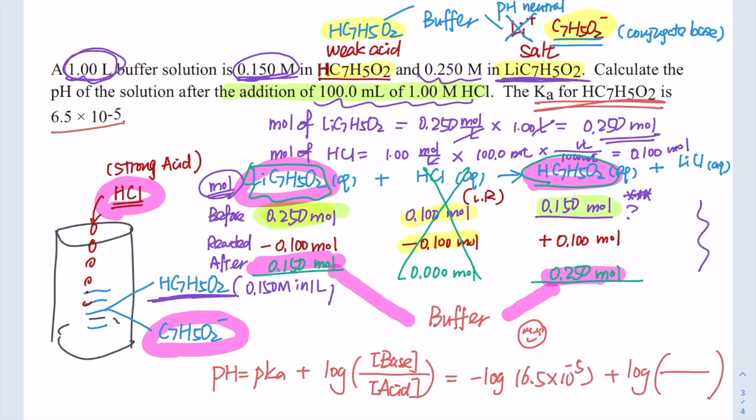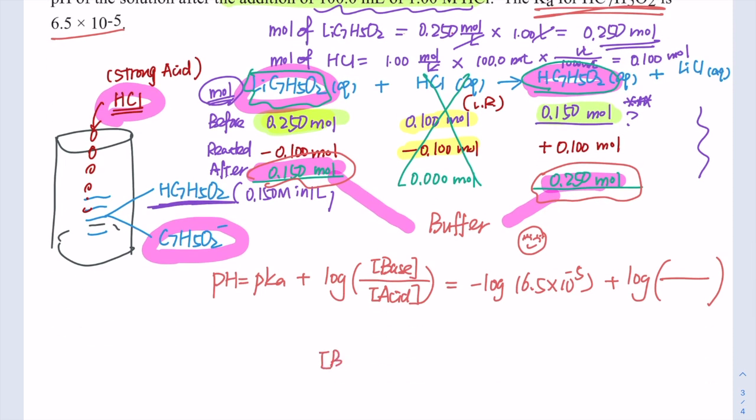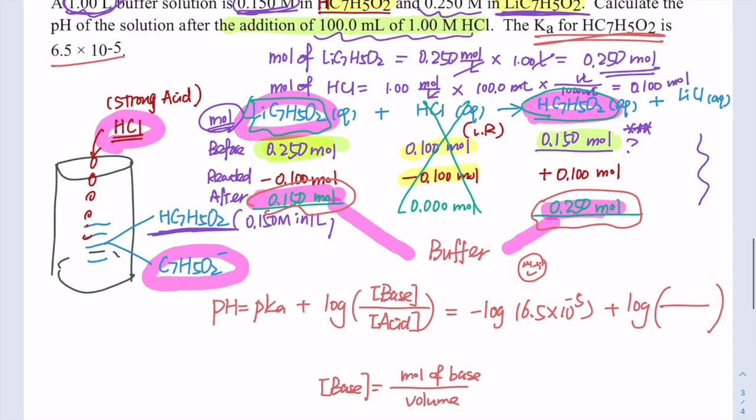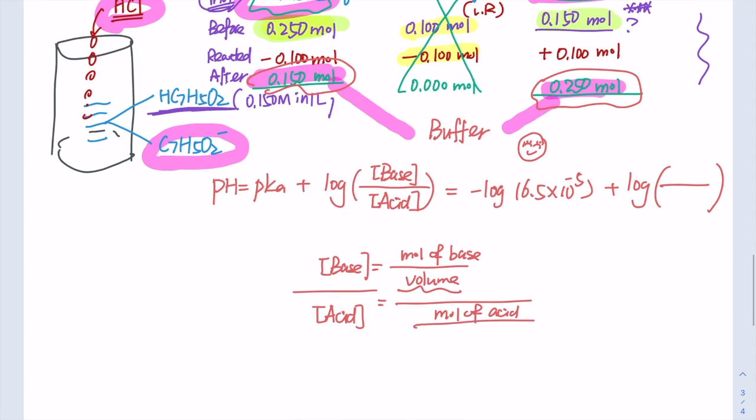Again, you might say, I'm calculating concentration, but we're getting moles at this point. So let me calculate concentration by dividing by volume. But you also recognize that since we're taking a ratio of concentrations, the concentration of base is moles of the base divided by the total volume, and the concentration of acid is moles of the acid divided by the total volume.